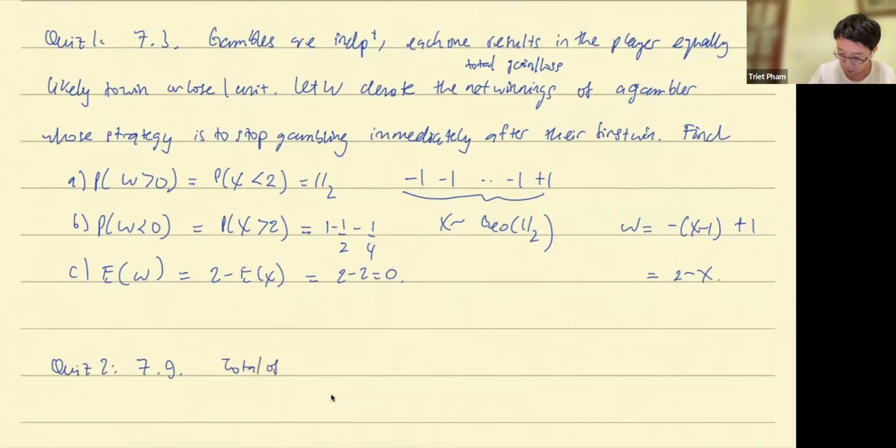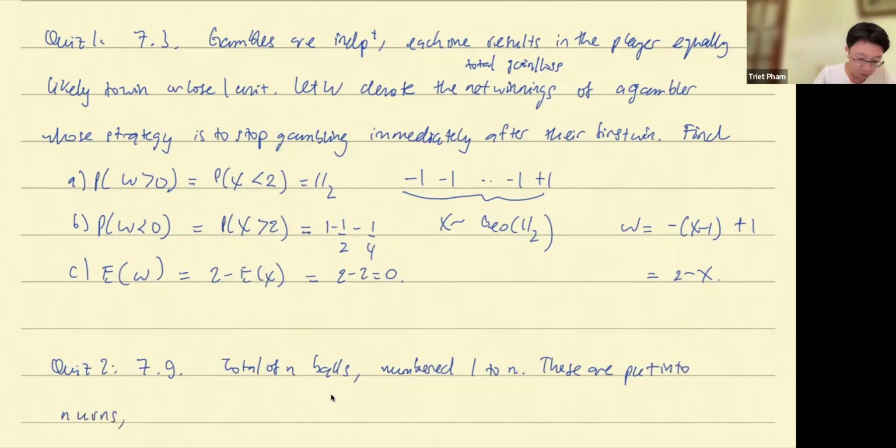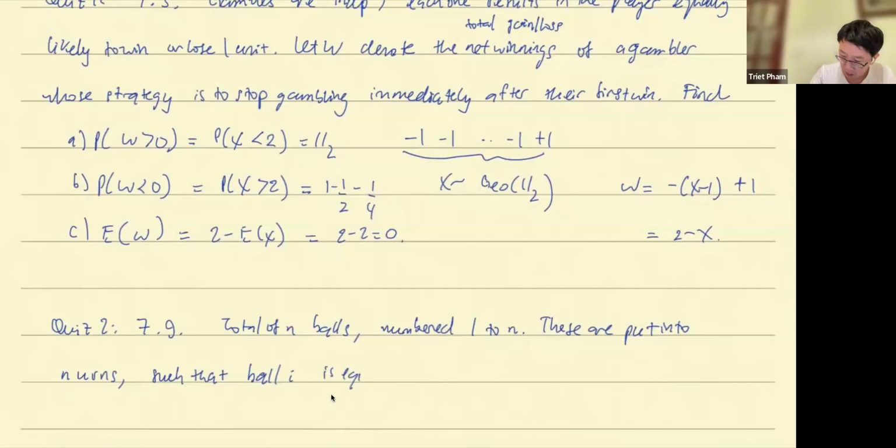There's a total of n balls numbered 1 to n, and they're put into n urns in such a way that ball i is equally likely to go into urns 1, 2, etc. up to i.